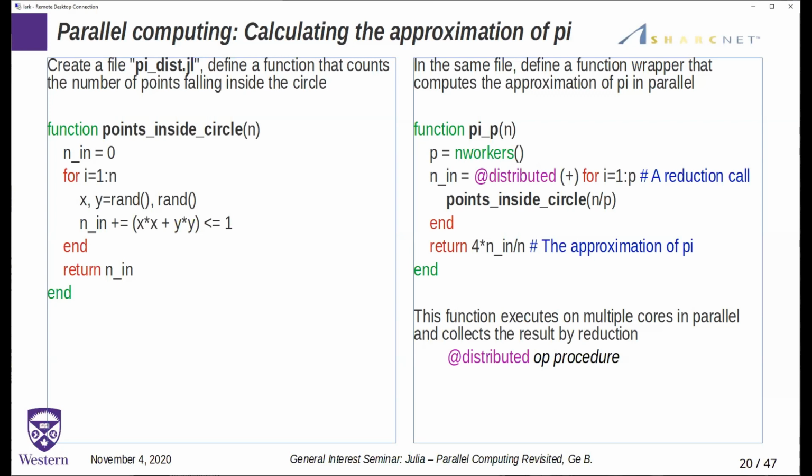If you put the code inside a function, Julia will compile the code, and the code will be running much faster. It will be much faster than other interpreted languages like Python, Matlab, and R. Okay.